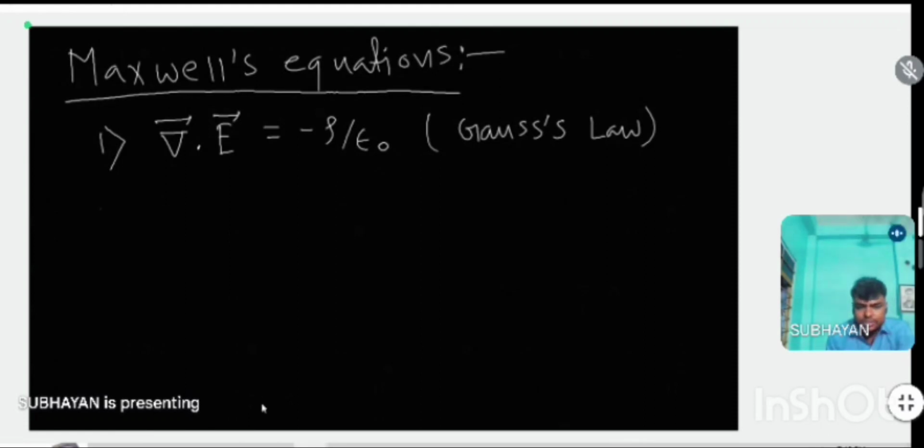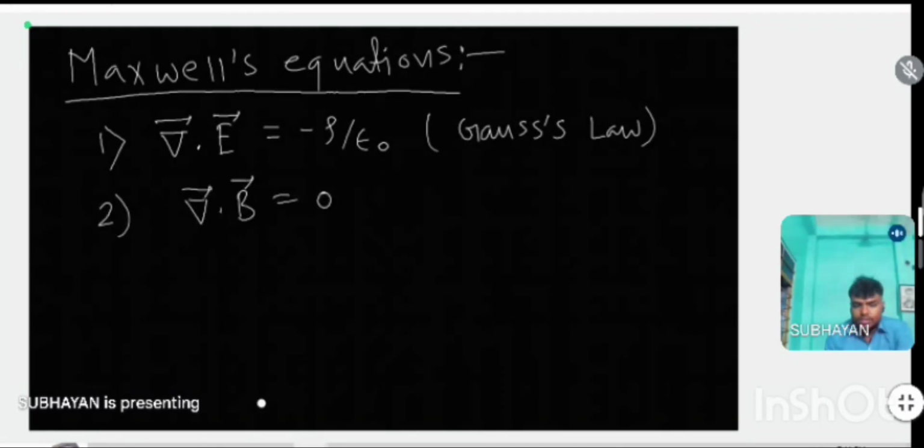Second one is divergence of B is equal to 0. That means the magnetic flux will always be 0, so the amount of north pole and south pole will be the same. So there is the inexistence of magnetic monopole. Magnetic interaction starts from the dipole term.